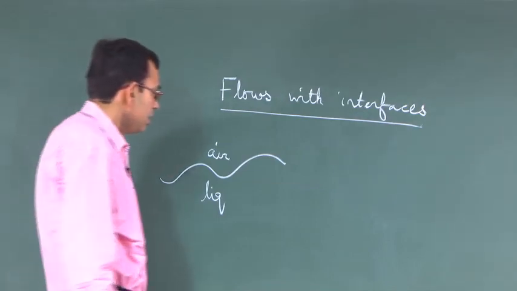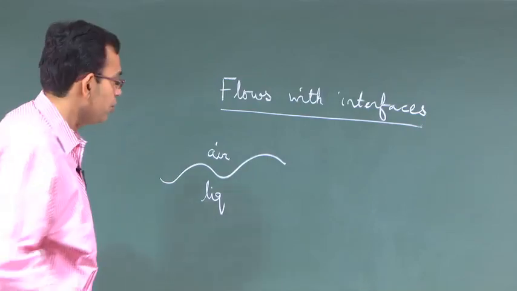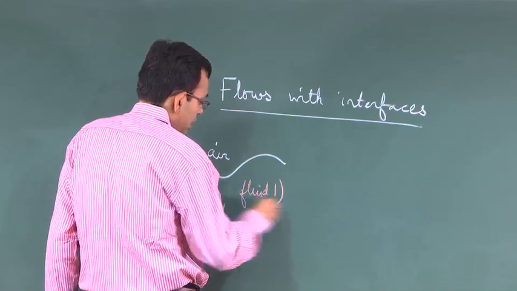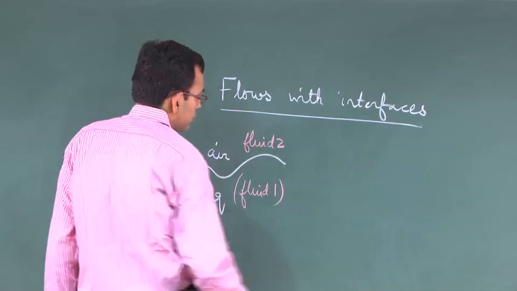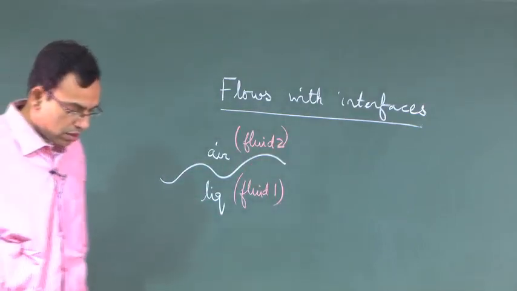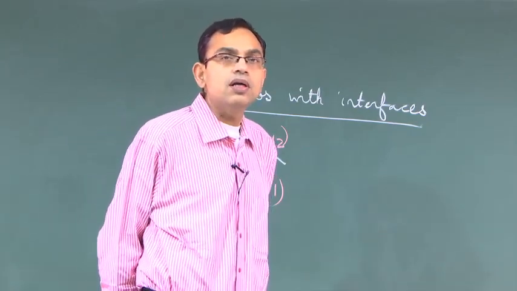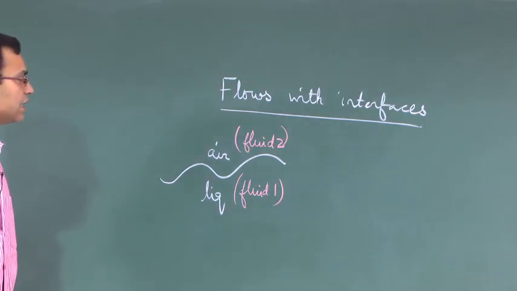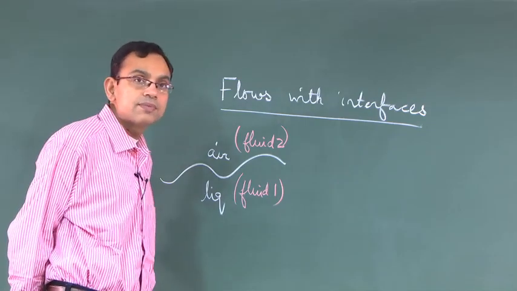In general, this could be generalized as fluid 1 and fluid 2. So, we will try to understand what type of boundary condition we should give at the interface between the two fluids.